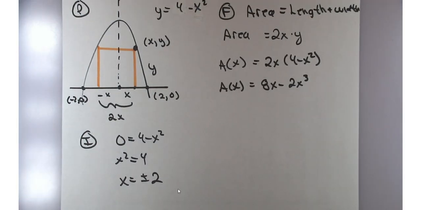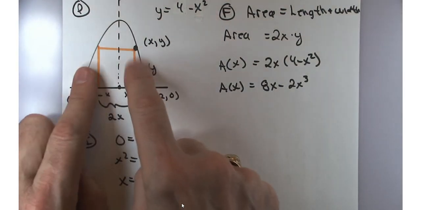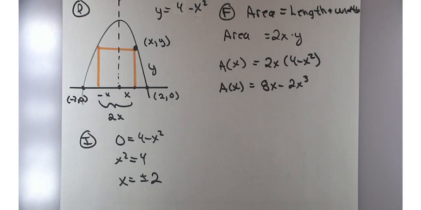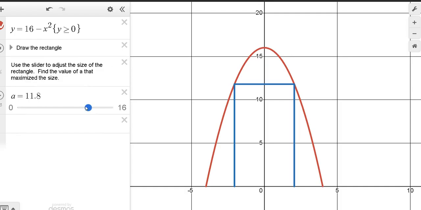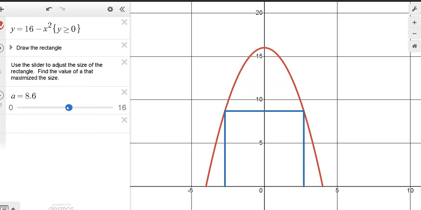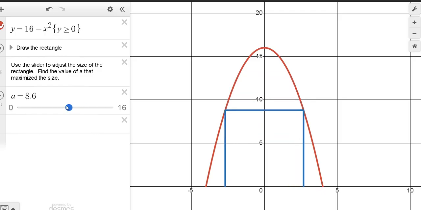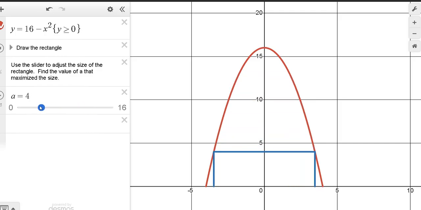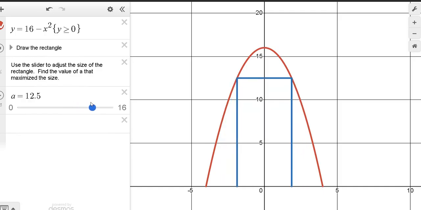Now there's a little bit of a trade-off here between making it wider and making it shorter. So we want to figure out, well, where's the best place to maximize this area in terms of that trade-off? And you can kind of see it this way, depending on where you put that value of x. Now this isn't the exact right parabola, but it's giving you the same idea.